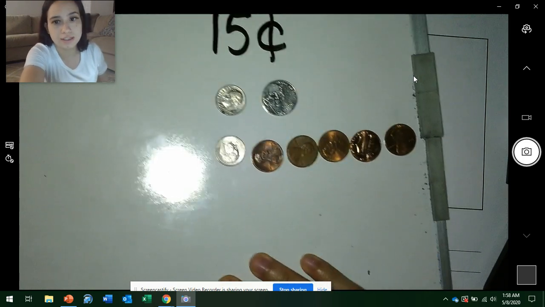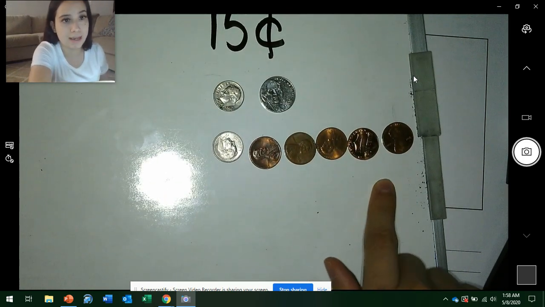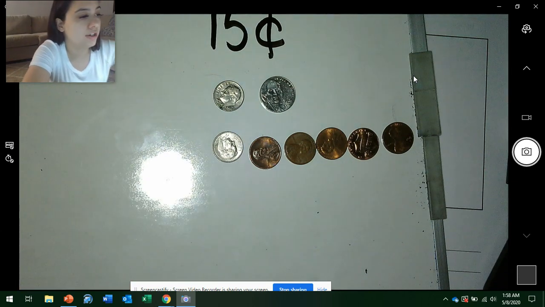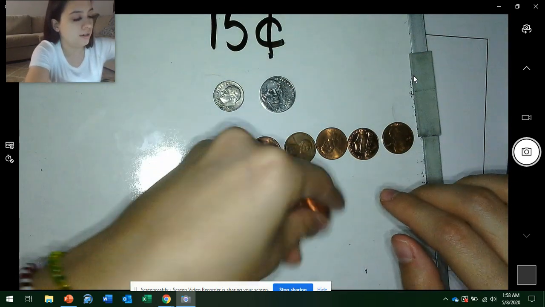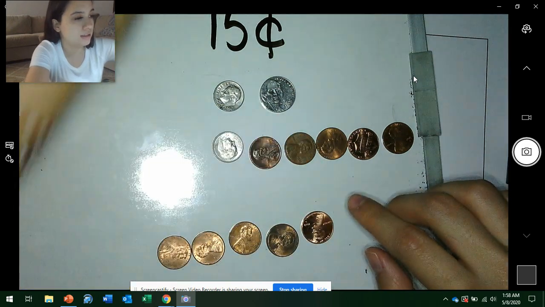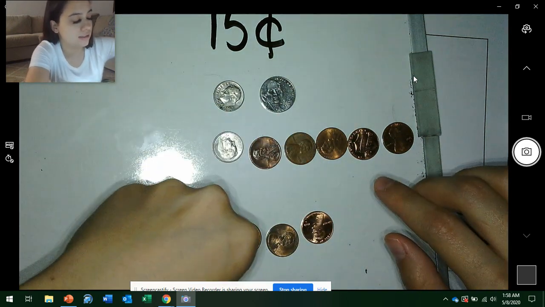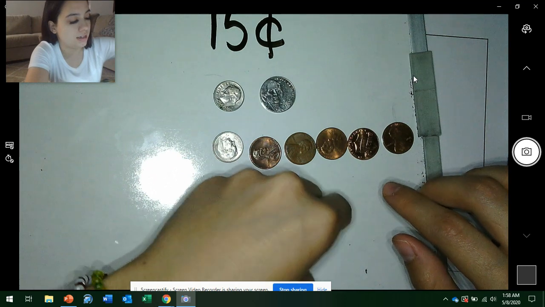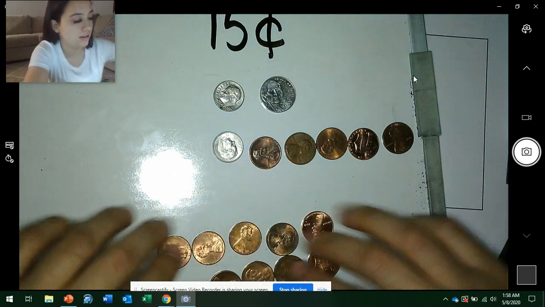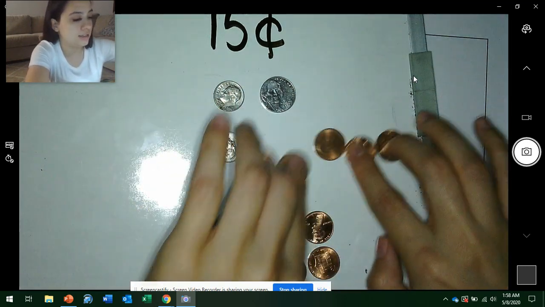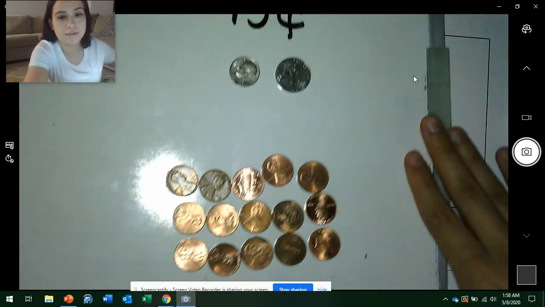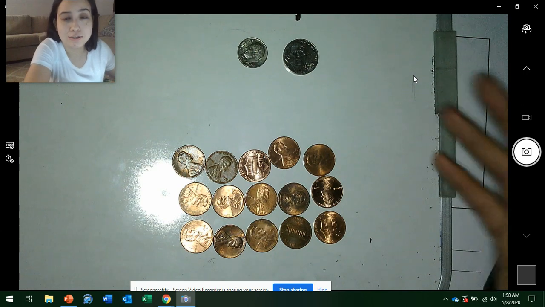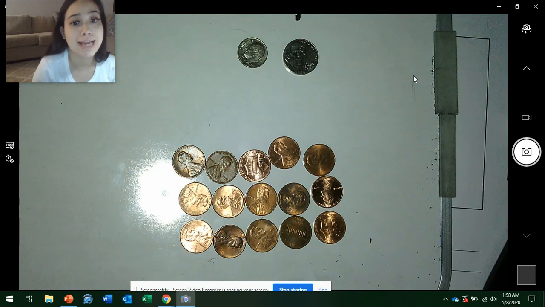That's also 15 cents. 1 dime, 5 pennies. Now, we could have also just used 1, 2, 3, 4, 5, 6, 7, 8, 9, 10, and these 5 pennies, because 15 pennies is 15 cents. So if you make 15 cents using any of these combinations, you are totally correct.